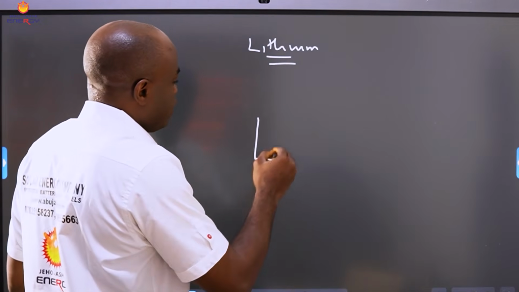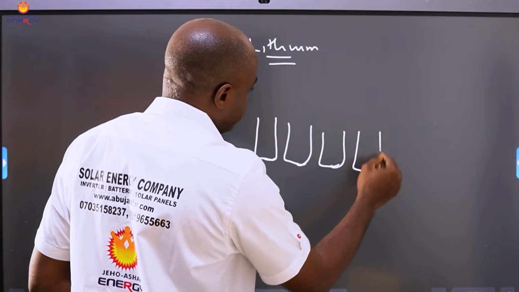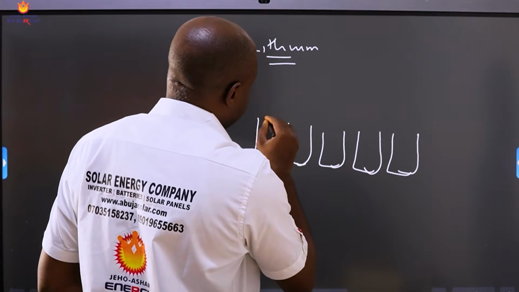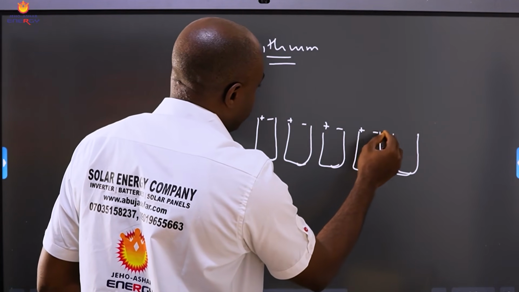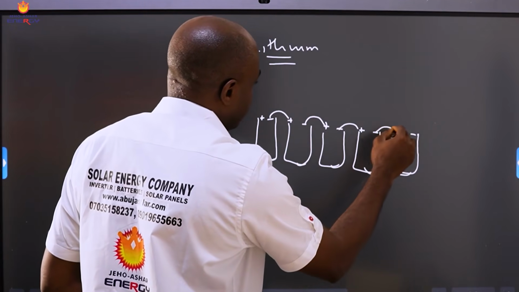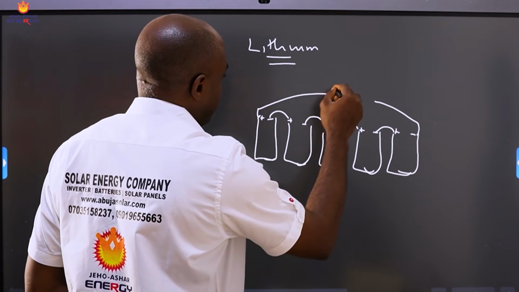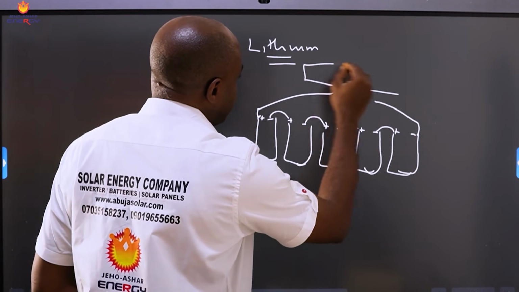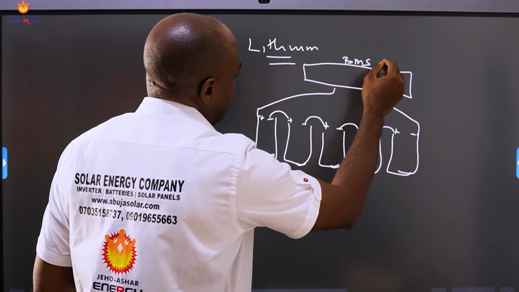So if, for example, you have lithium batteries, these are the cells inside. Positive, negative, positive, negative, positive, negative, positive, negative, positive, negative. Say, for example, these are connected together. Now, this goes into a flat panel inside, the BMS.